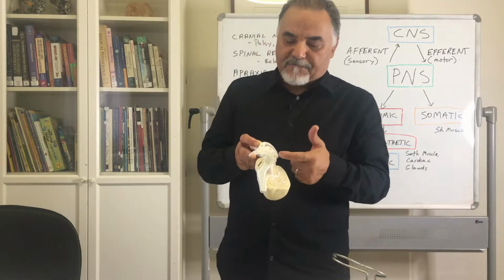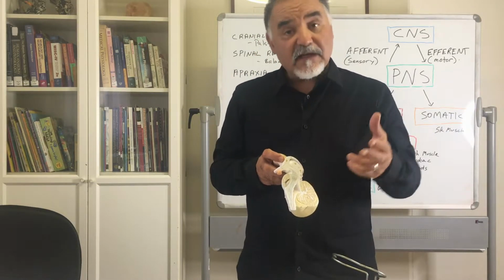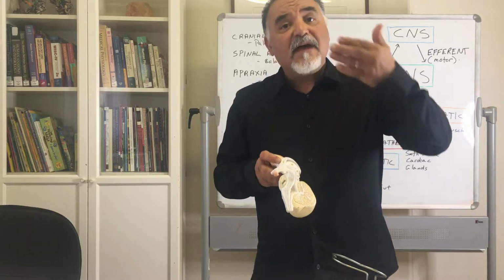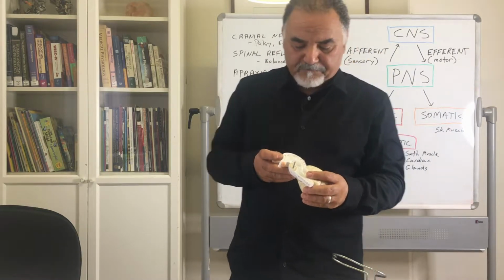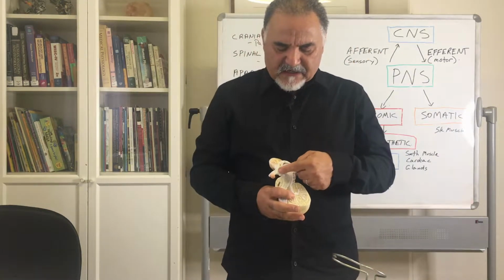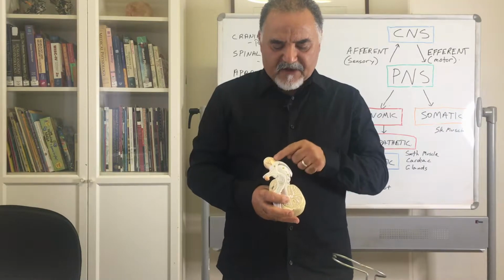Lying underneath the thalamus is the hypo. Hypo is under. Hypothalamus. And the hypothalamus sits just here, underneath the thalamus.